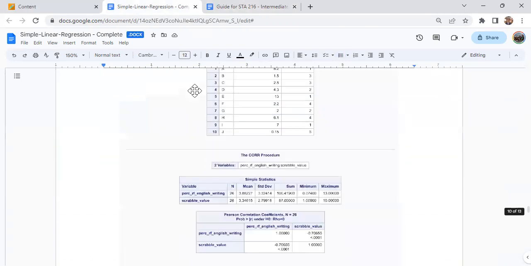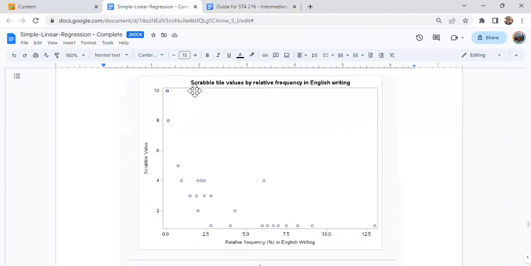I don't have visuals in the guide document yet for it, but influential points typically have high leverage, we would say.